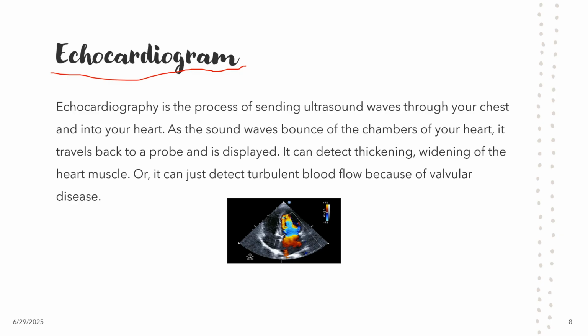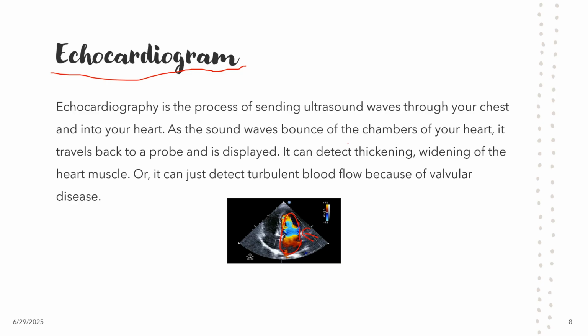So you can find the atria right here, and the ventricles right here. Not only that, you also have this. What is this thing? Well, that is the turbulence of blood flow. That can be very important in determining the blood flow through the heart, whether it's harder for the heart to pump blood, which would mean more resistance.